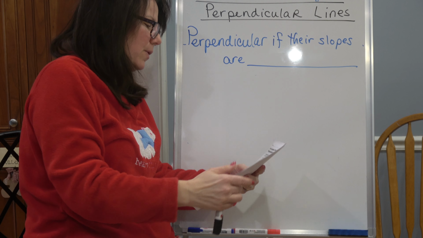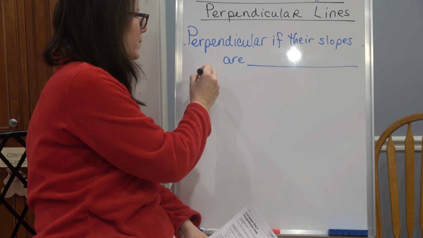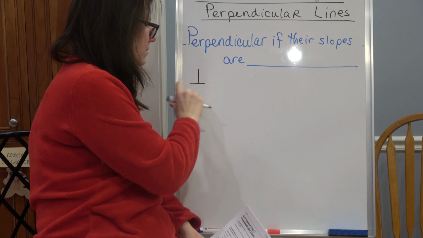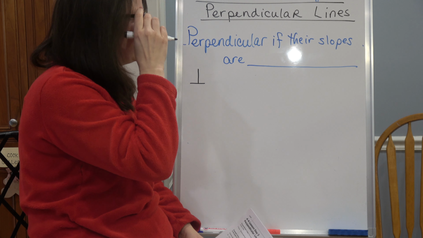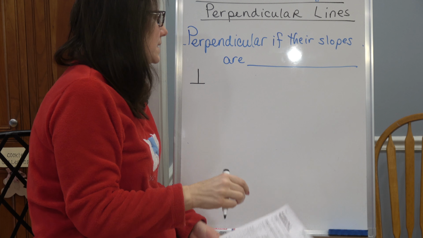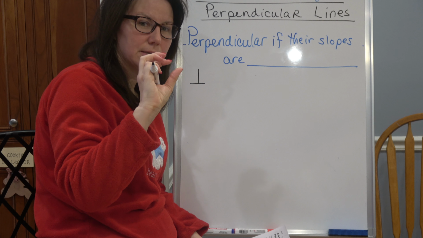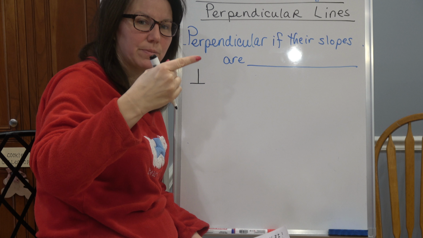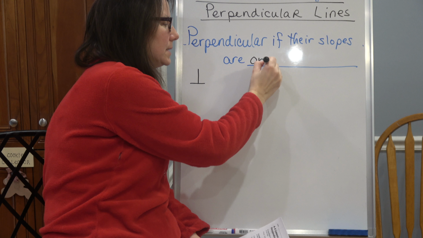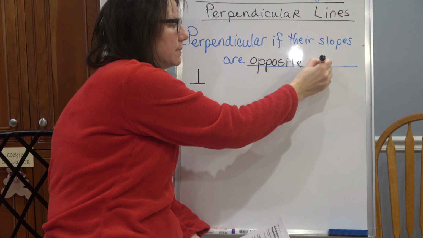All right, so we are going to talk about perpendicular lines. You learned that the symbol for perpendicular looks like this, which makes sense because those two are perpendicular. Hopefully you learned from the exploration that lines are perpendicular if their slopes are opposite signs and they have to be reciprocals. So we're going to say they are opposite reciprocals.